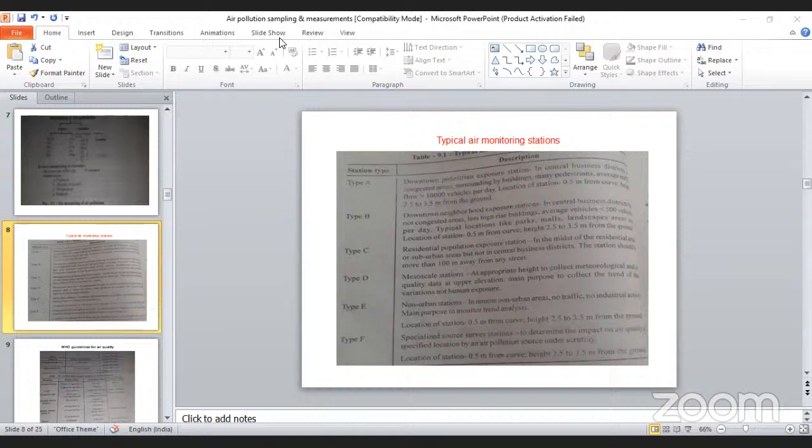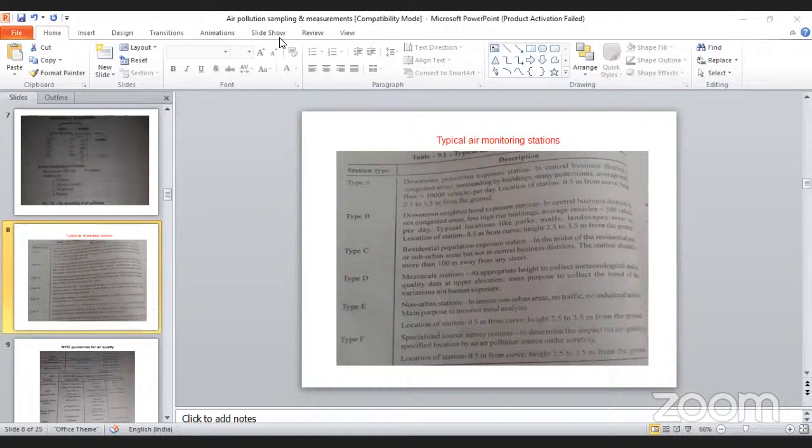For example, when we collect sulfur dioxide, the sorbent should be such that at ambient temperature, it may remove the SO2 from the ambient atmosphere 100%. Otherwise, sample must be stable during the time between sampling, analysis, recovery. The analysis of a particular pollutant must be 100% correct.